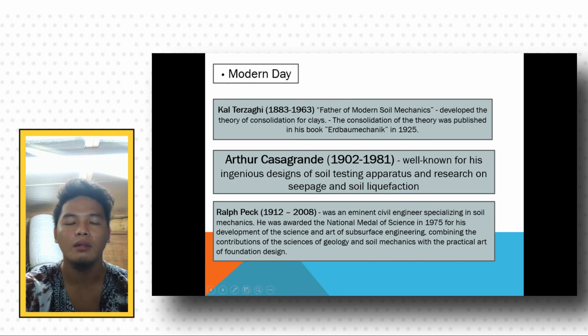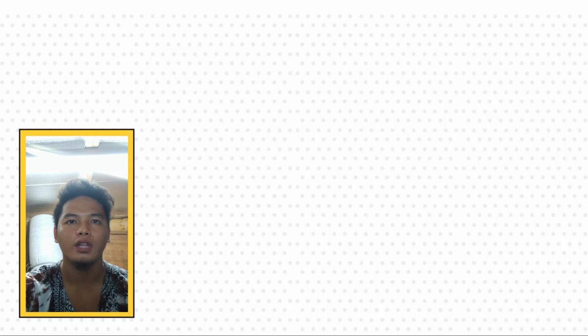He received the National Medal of Science in 1975 for his development of the science and art of subsurface engineering, combining the contributions of the science of geology and soil mechanics with the practical art of foundation design. And that's all. Thank you.